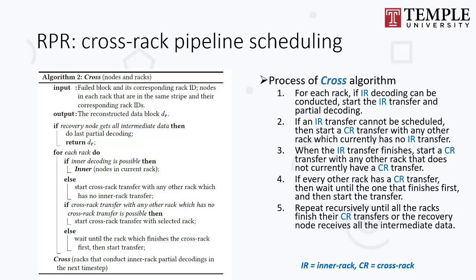Third, when the inner-rack transfer finishes, start a cross-rack transfer with any other rack that does not currently have a cross-rack transfer. Fourth, if every other rack has a cross-rack transfer, then wait until one finishes first and then start the transfer. Finally, we repeat recursively until all the racks finish their cross-rack transfers or the recovery node receives all the intermediate data.